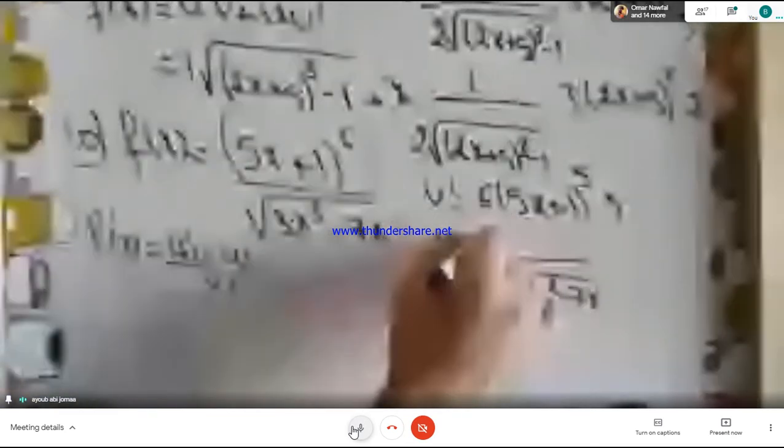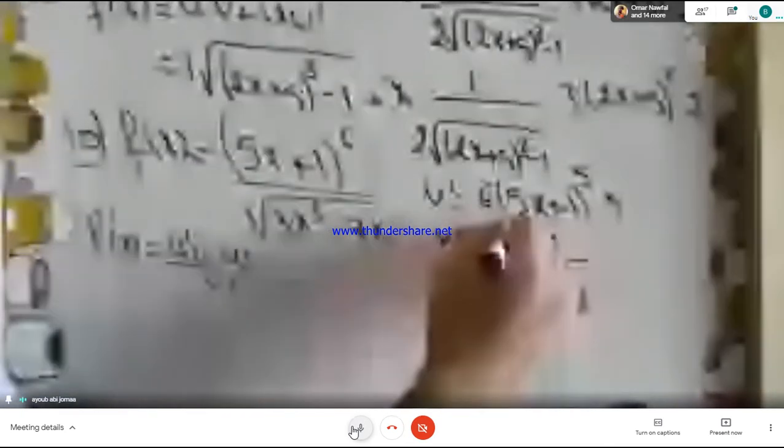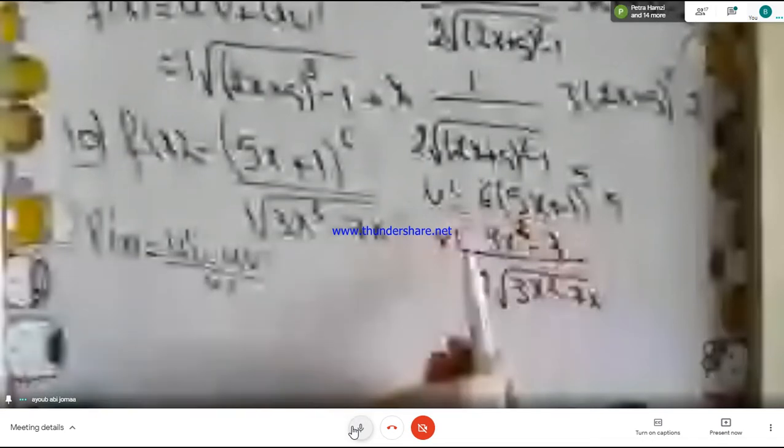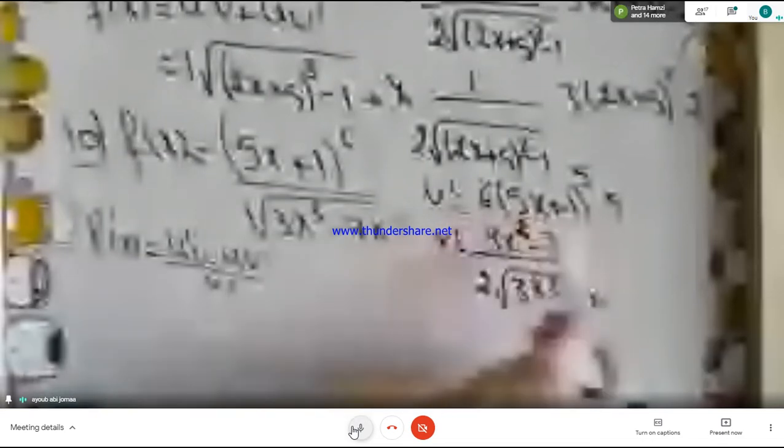Derivative of this is 9x squared minus 7. I'm going to write it 9x squared minus 7. Don't be surprised by the form, it's the same as 1 times 9x squared minus 7.